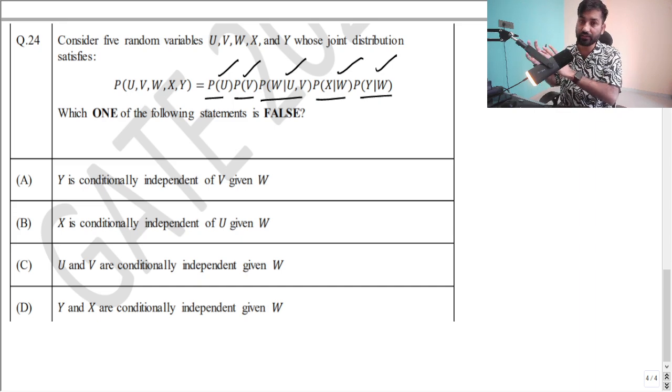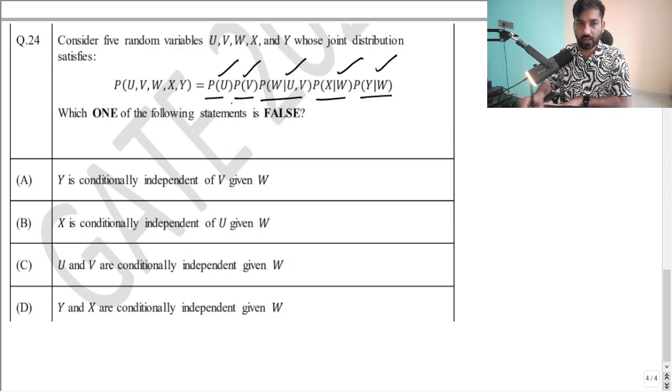And if the joint distribution is given, you should be able to draw the Bayesian network before you look at the options, because the moment you are successfully able to draw the Bayesian network, you can eliminate many options. Okay, let's start how to draw the Bayesian network. I'm just going to draw it here itself so that we can solve the question quickly.